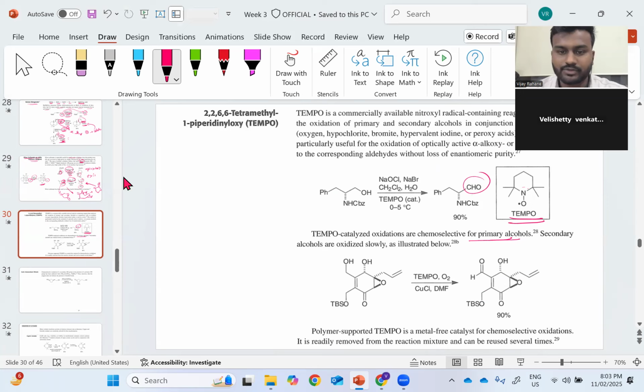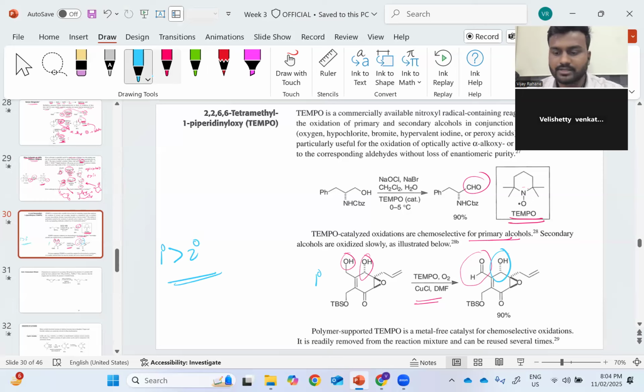That's why if you want to selectively oxidize, let's take another example here. So this is the secondary alcohol and this is the primary alcohol, and if you use this TEMPO, we can selectively oxidize the primary alcohol here. So you will get the aldehyde from this primary alcohol. Secondary alcohol doesn't get affected in this one. So the primary has higher reactivity than the secondary.